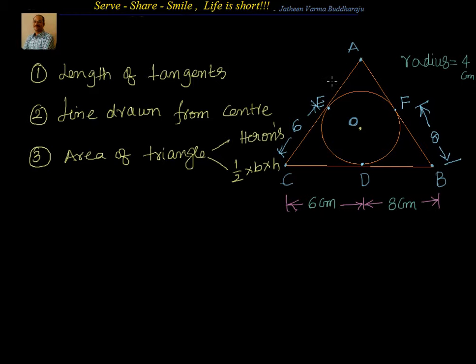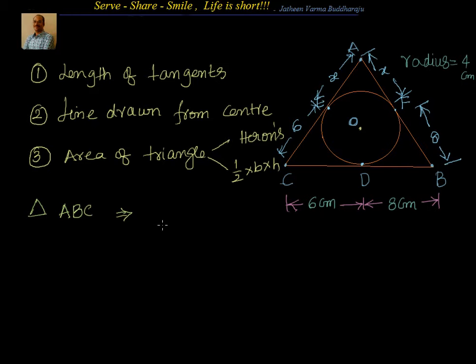Now we don't know AE and AF, so we will take it as X. We will say the length is X on that side and also X on this side. So now we have the triangle ABC. What are the sides of the triangle?